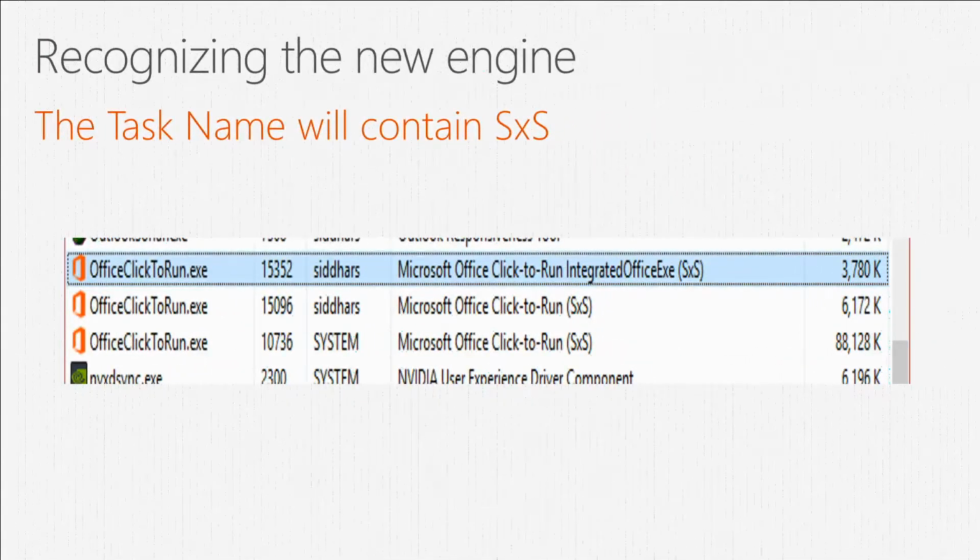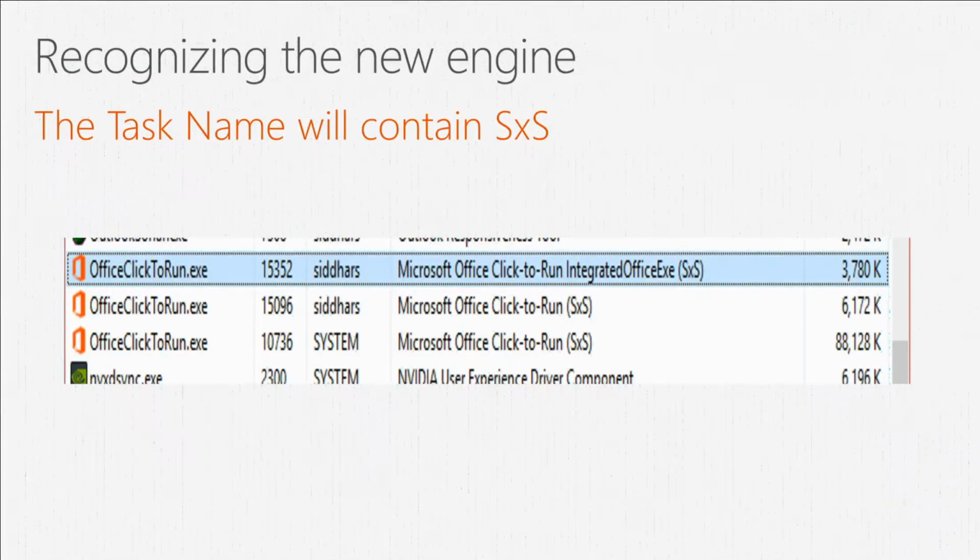So how do you recognize, and that's a question that comes up, how do I know that once I've installed this first release deferred channel come October, that I now have the side-by-side capabilities, that I'm not going to get the error message that we just saw? The easiest way to tell is to look in your task manager while it's installing, and look at the Office click-to-run.exe.